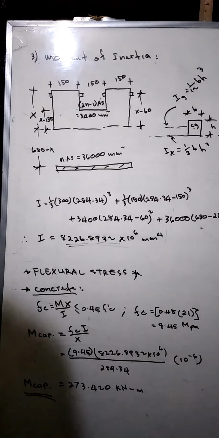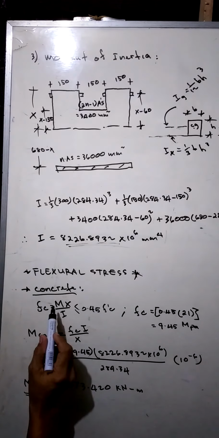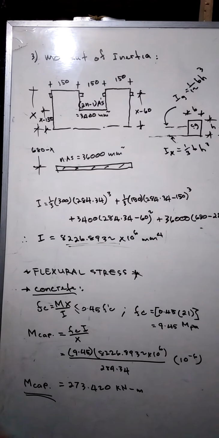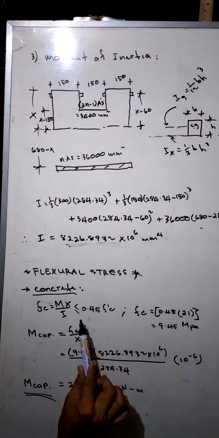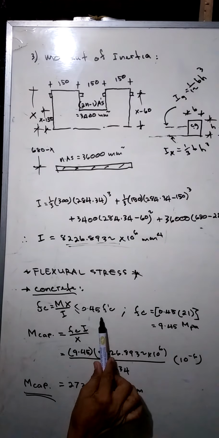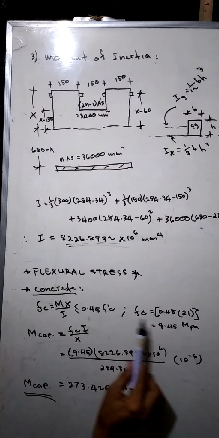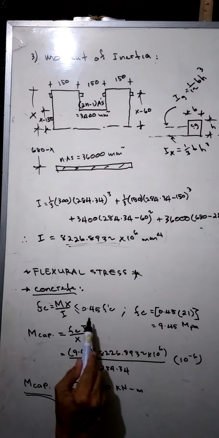For the concrete, fc, which is less than or equal to 45% of the specified compressive strength of the concrete. So computing this one, it will give 9.45 megapascal.